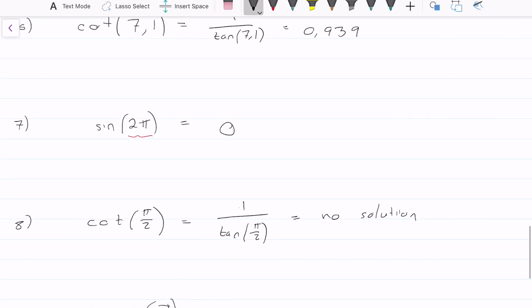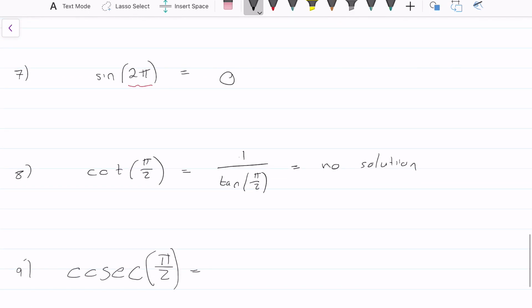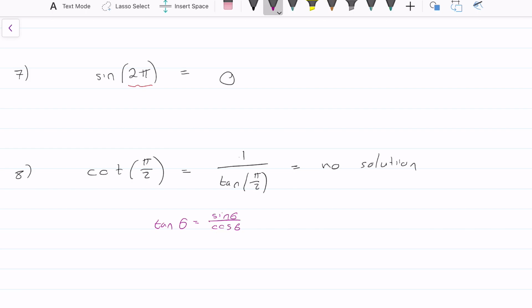We can also justify it in another way. We know that tan theta is equal to sine theta over cos theta. Using that relationship, 1 over tan pi over 2 is equal to 1 over sine pi over 2 over cos pi over 2.